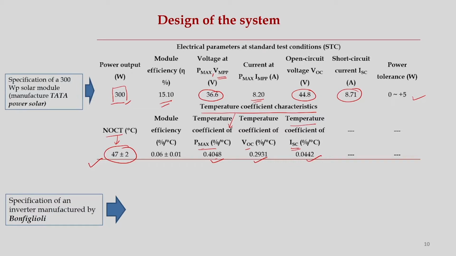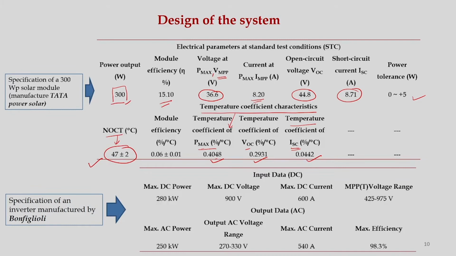Let us also learn about the specification of an inverter. In case of inverter, maybe we can consider this inverter manufactured by Bonfiglio. Here DC power input is 280 kilowatt, maximum DC voltage is 900 volt, DC current is 600 ampere, and the MPPT voltage range is 425 to 975 volt.